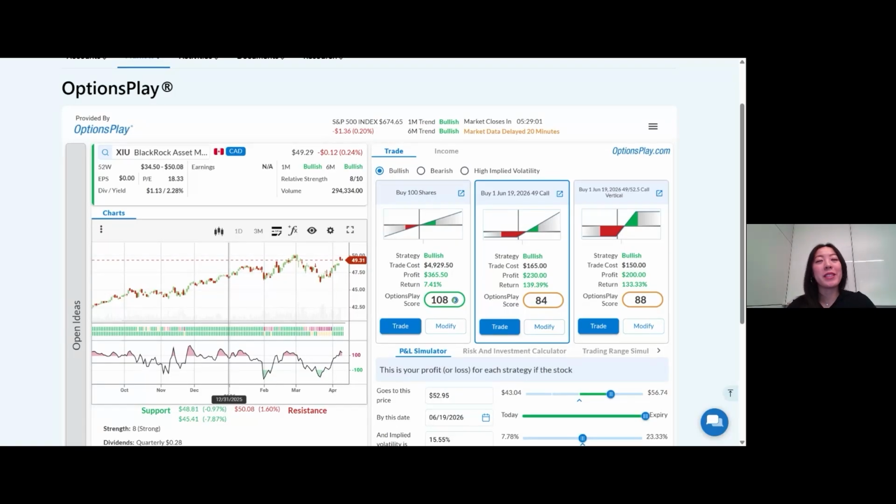And the concept is it's trying to make trading options more understandable, make the idea more visual and more actionable. And OptionsPlay is encouraging you to do all of this without having to calculate your own factors or using your own data points.